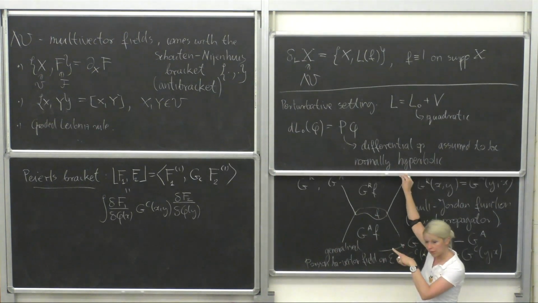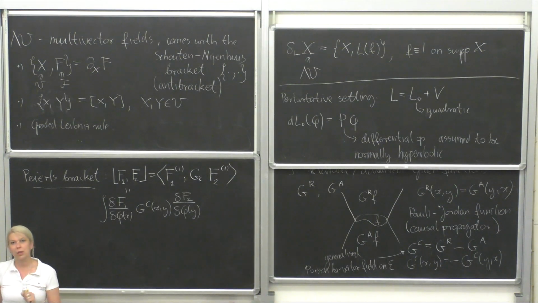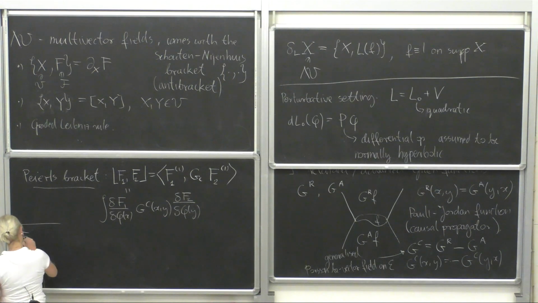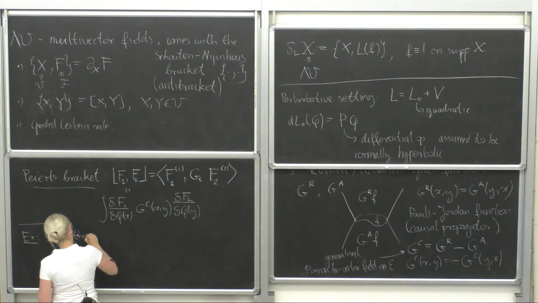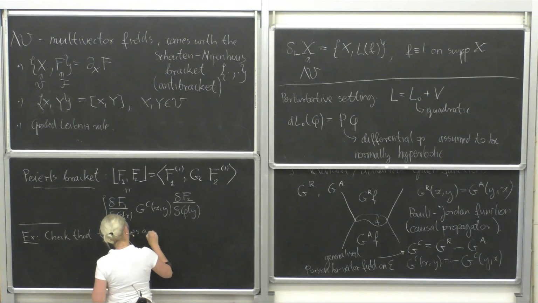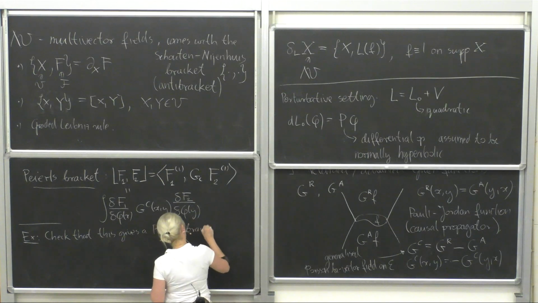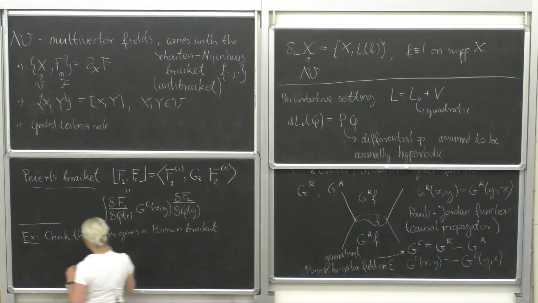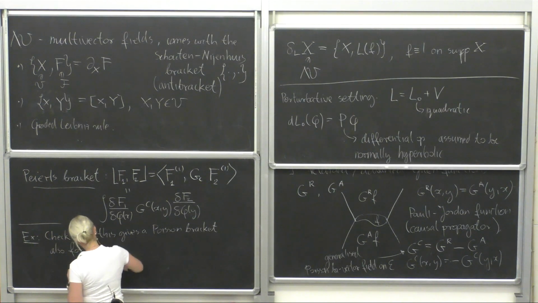Then you can also do that story, and you can check at home that this gives a Poisson bracket also in the non-quadratic case. So exercise, check that this gives a Poisson bracket also for higher than quadratic.